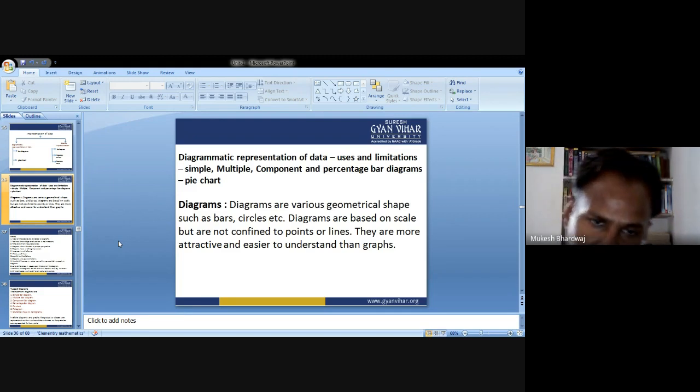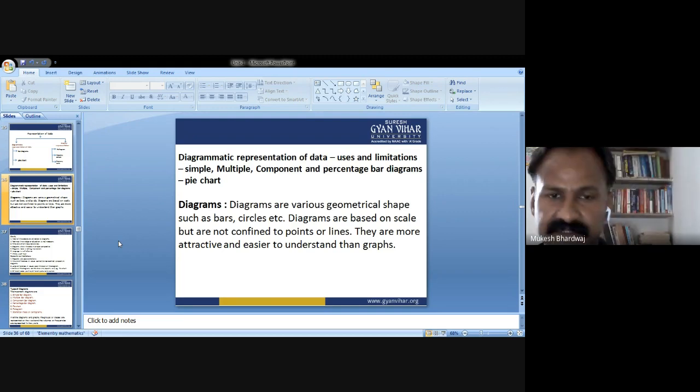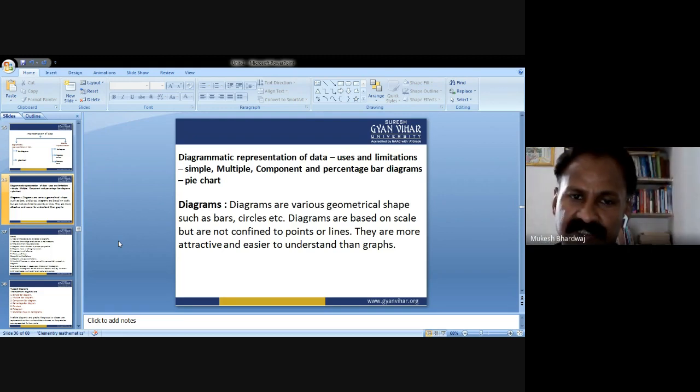So in comparison to graphs, bar diagrams and pie charts are easier to understand because they directly give the information in an exact manner, and they leave a lasting impression in your memory. Okay, so they are attractive and easier.